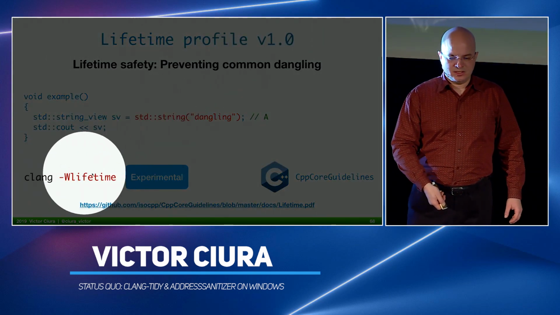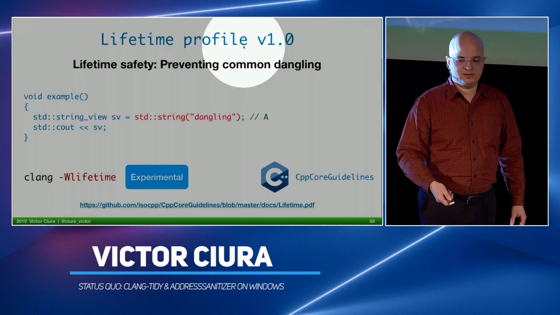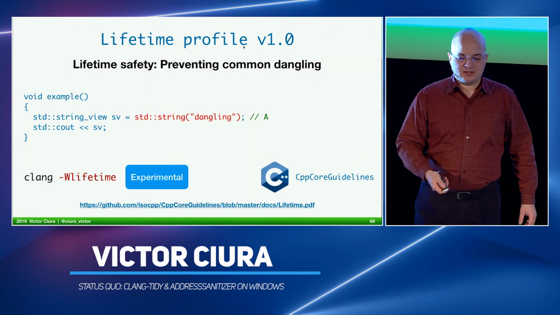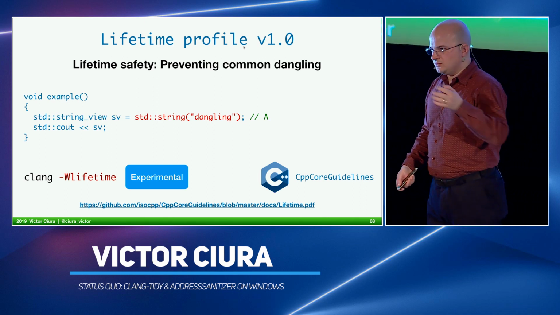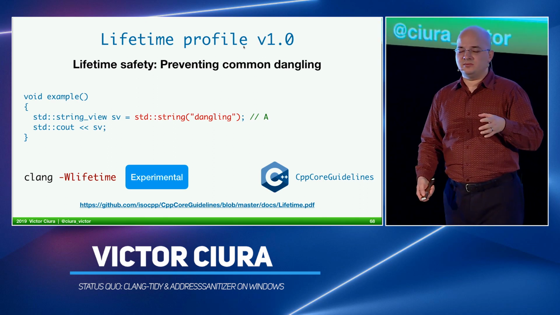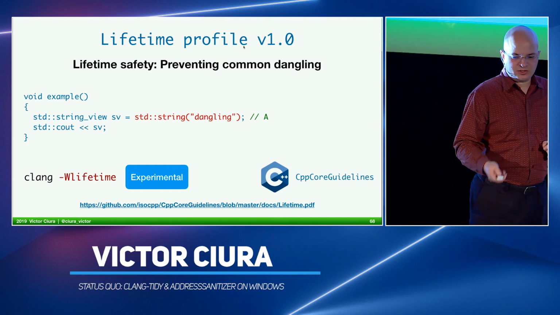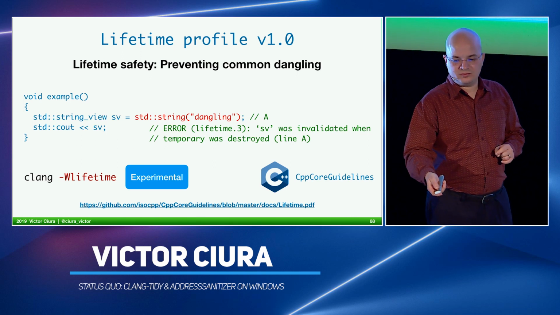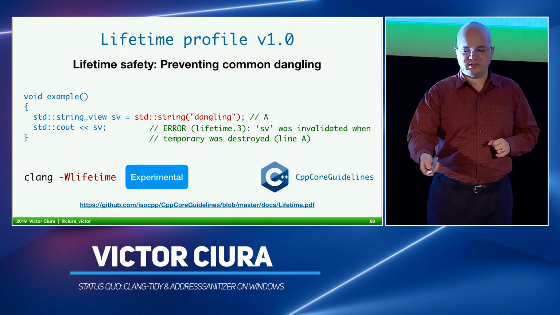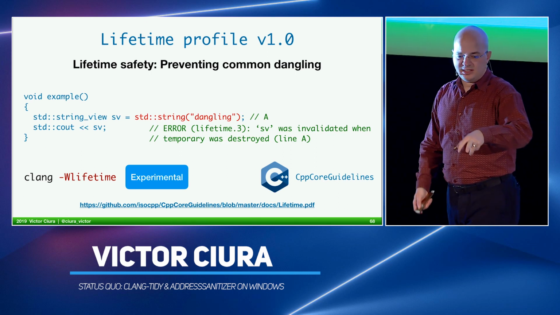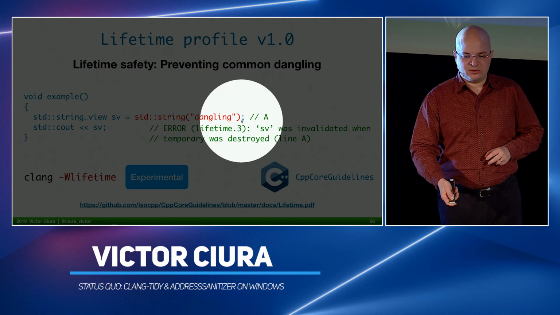This is in a paper called Lifetime Profile by Herb Sutter. And there is an experimental implementation in Clang since Clang 7, if I'm correct. And it checks for situations like this one and gives you an error like SV was invalidated when temporary was destroyed on line A. The lifetime of the temporary string ends at this semicolon.